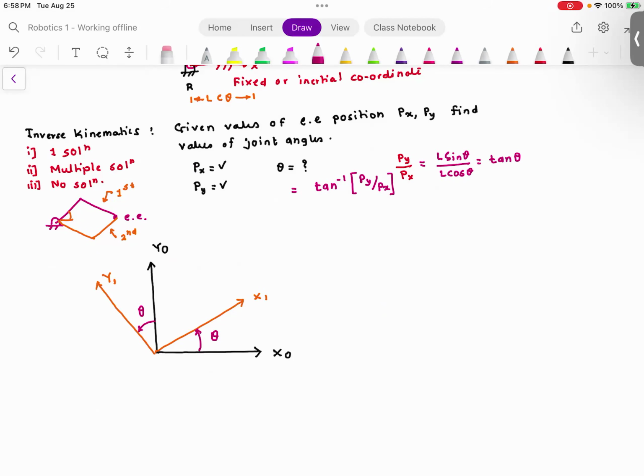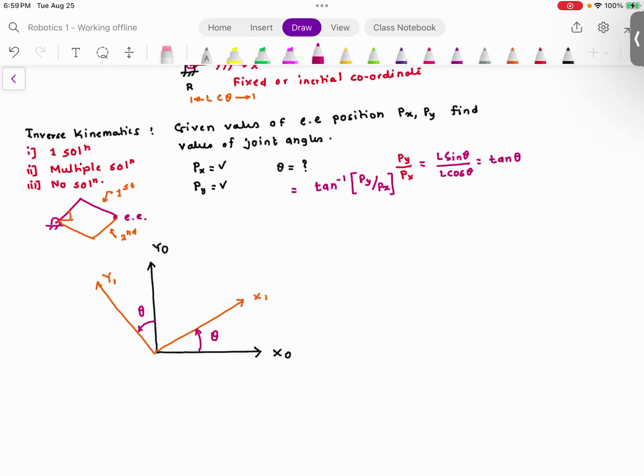Now what I want to do, and it's extremely important, is find out the projection of x1 and y1 on x0 and y0. I'm going to go very slow, but what I'm doing here is extremely important. The rotation matrix that we are going to derive here will be used throughout the course.